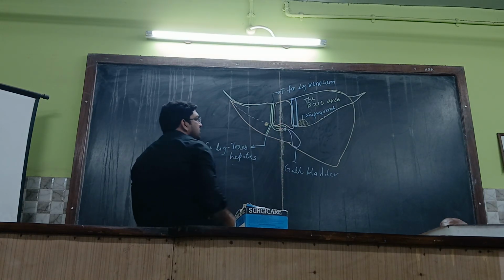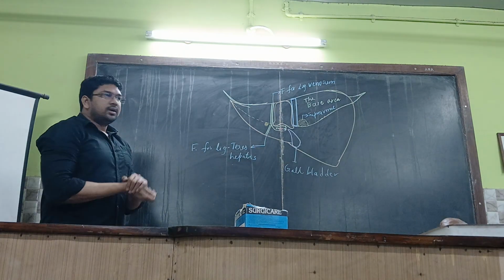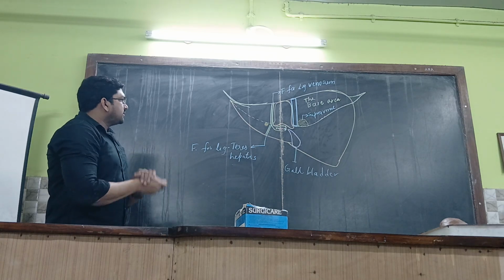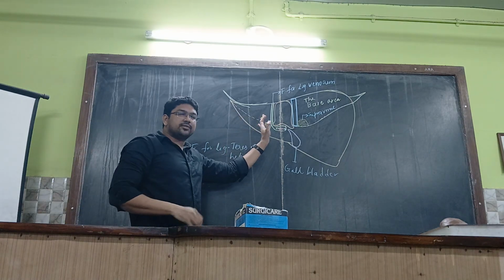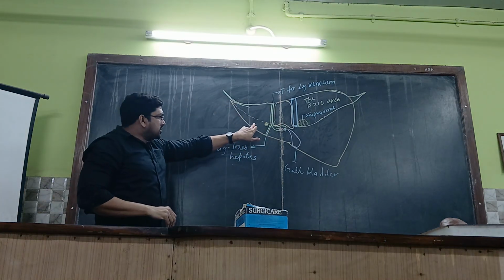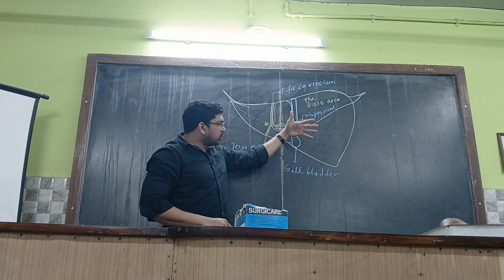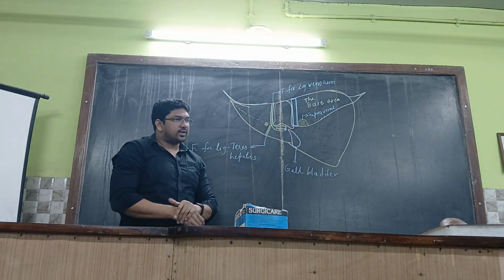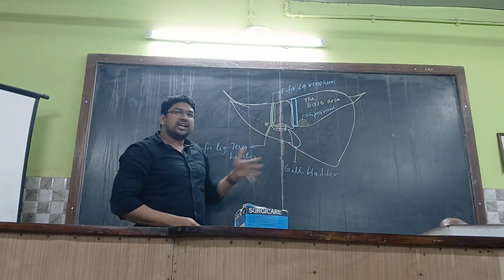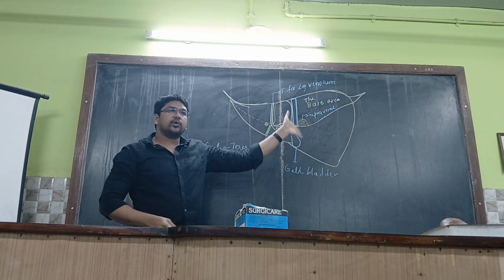So what are the relations of this inferior surface? The inferior surface is directed downwards, backwards and leftwards. It is not absolutely posterior.